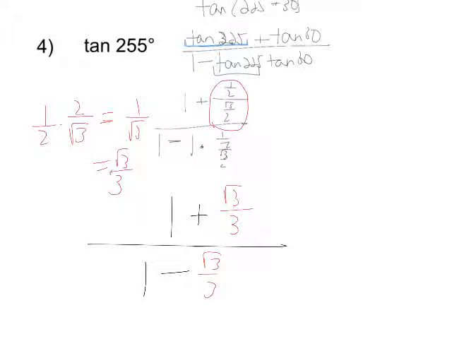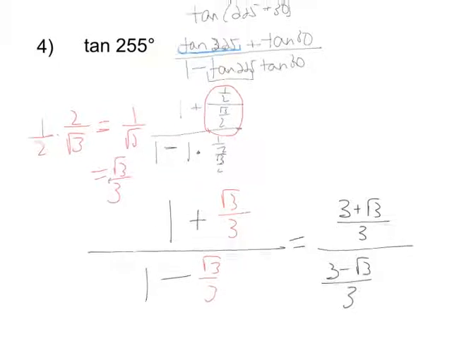I'm going to allow you to stay right there. You can leave it there as an answer. In fact, I think I did on the notes. But really what ends up happening is the 1's become 3's over 3's, so the numerator looks like this, 3 plus radical 3 over 3, and the denominator looks like this, 3 minus radical 3 over 3.